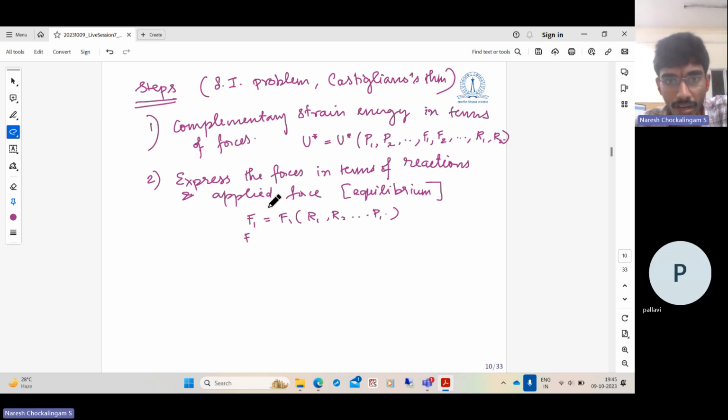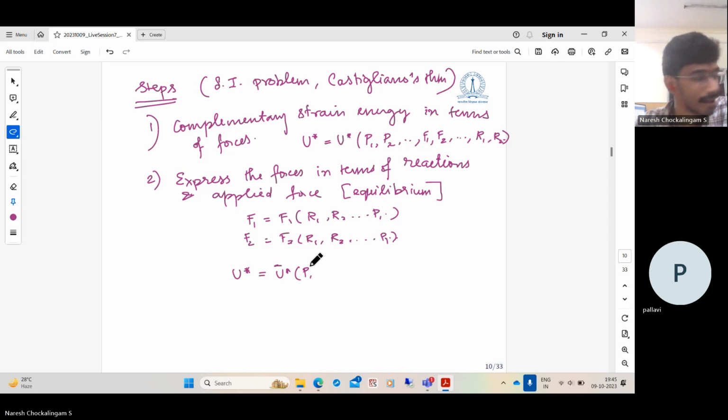Just eliminate F1, F2, and eliminate whatever you can in terms of the reactions. That is what it means. And F2 is F2 in terms of the reactions and the applied force and so on. So therefore, once you have substituted, U is just a function of the reactions and the applied forces, R1, R2, and so on.